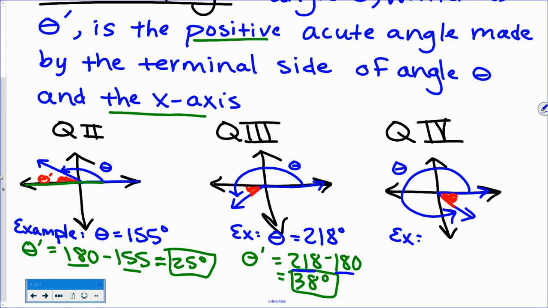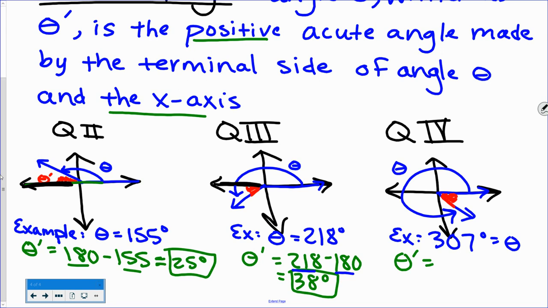All right, so let's say I gave you 307 degrees for theta. And I want you to find theta prime, or the reference angle. So I'm not going to use 180 this time. I use 180 in quadrant 2 and 3 because everything is coming around having to do with 180 degrees, right?